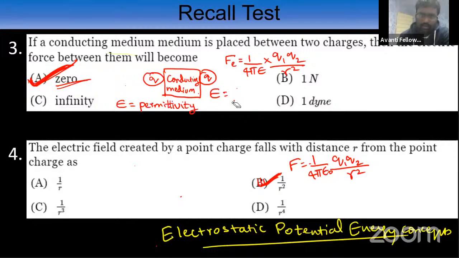Now, what is permittivity in general, guys? Permittivity is not only epsilon naught. Is there any difference between epsilon and epsilon naught?